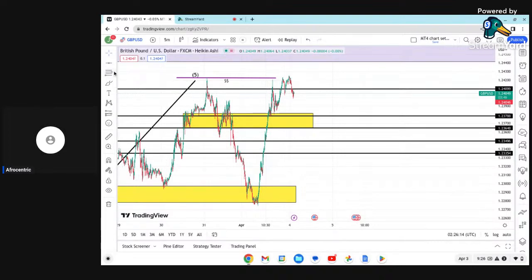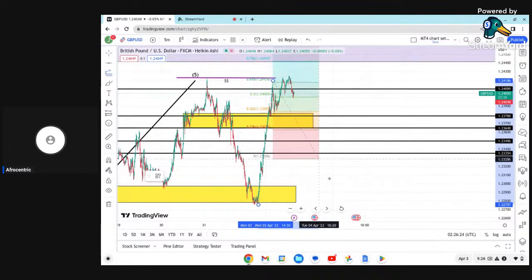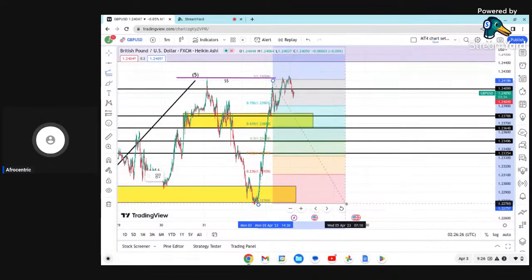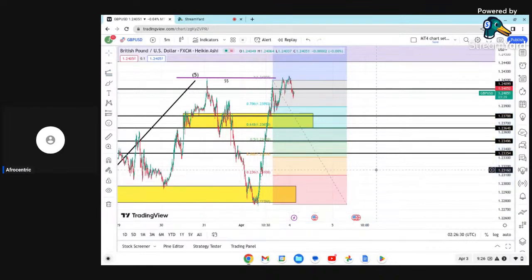If I measure with the Fibonacci from here all the way to here, and then back down, it doesn't even hit the bottom of this box, because the bottom of this box is the 618. So this drop, we could have got something off of it, but it was kind of a little fake out.